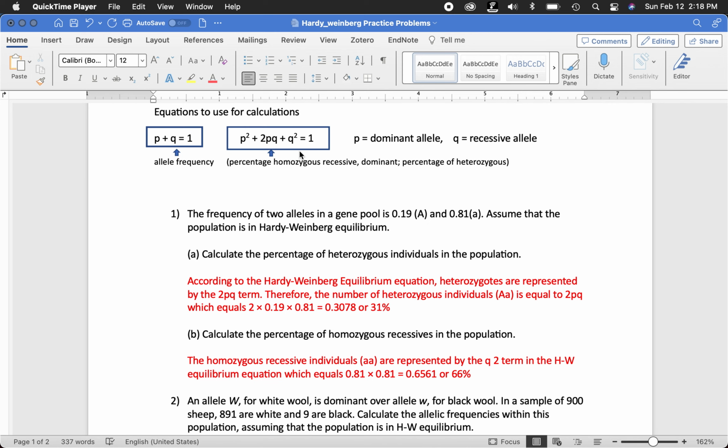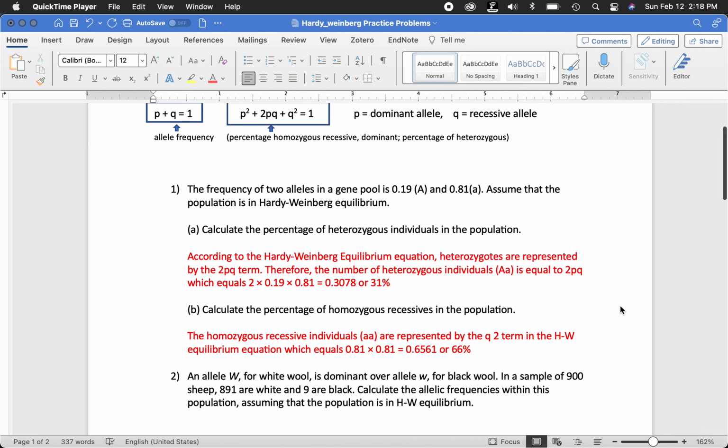Since heterozygotes are represented by 2 times p times q, and we already know p and we already know q, you would simply multiply 2 times 0.19 times 0.81, which gives you 0.3078, or the same thing as saying 31%.